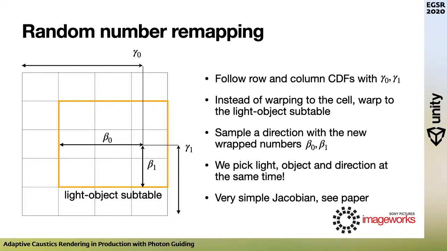No, we are wrapping the number to the whole subtable. That gives us 2 new random numbers that you can directly use to sample a direction on the cone emission towards that object. And that's it. That's how we produce the photons that we shoot into the scene, right?